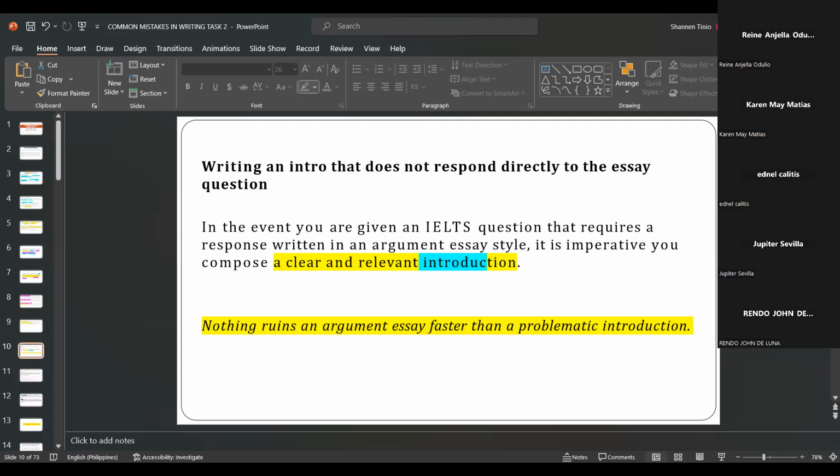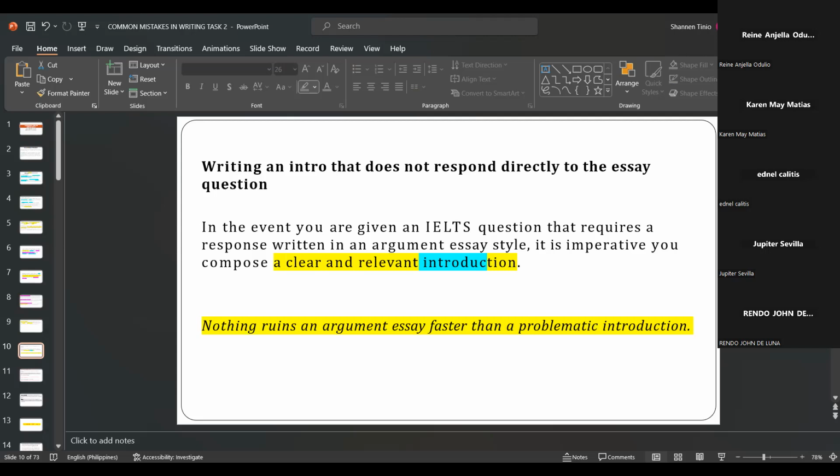Ito yung sinasabi ko sa inyong sandwich method. Introduction. Everyone? Bakit ba ganun? I don't want it to be like that. Okay.